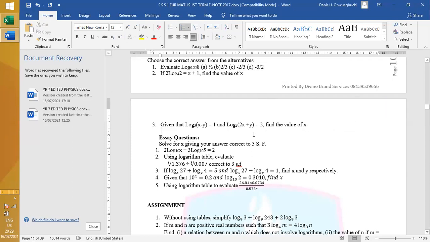Take number two as your assignment, number three as your assignment, and this particular one as your assignment. So remember the first one I gave you that you should show, that's number one. Number two is number two, then number three is number three, and this number one is your number four. So use this as your assignment.